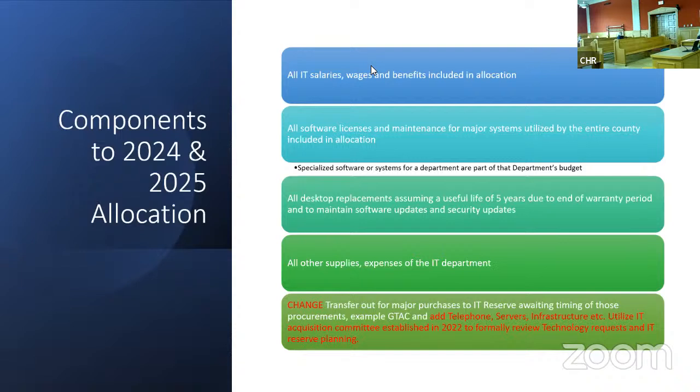If there were IT salaries that actually specialized in one particular software that benefited one particular department, then I would pull them out of the general allocation and they would get their own allocation of that particular expense as a direct allocation.